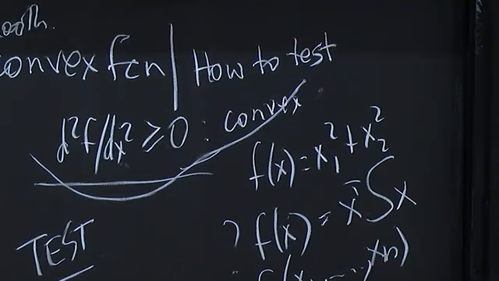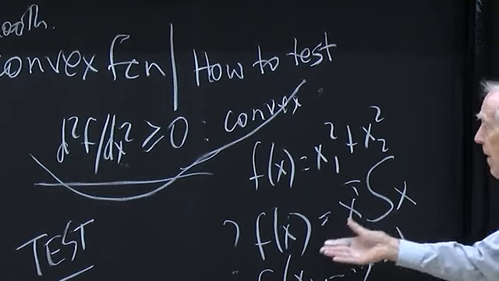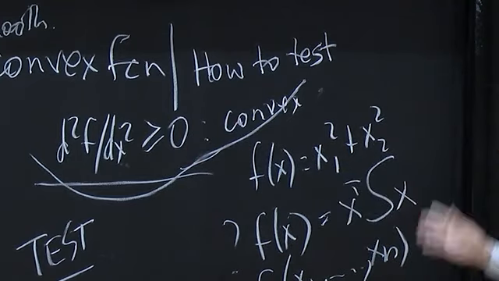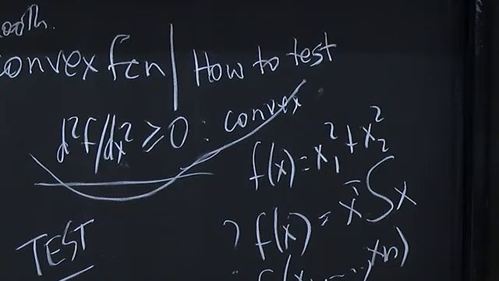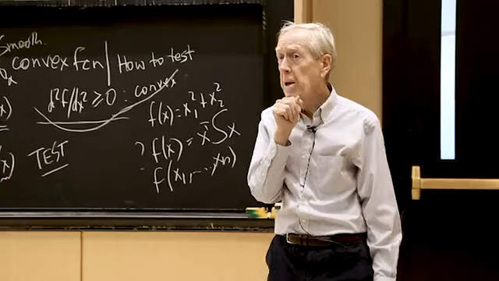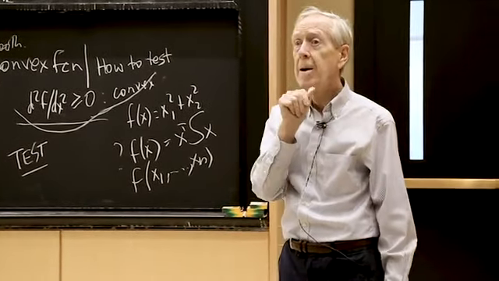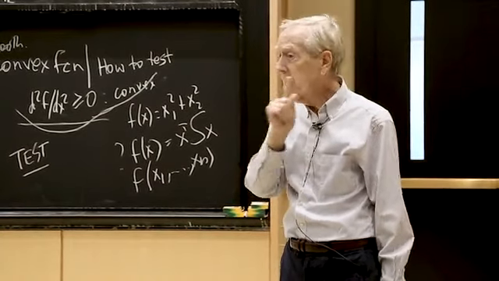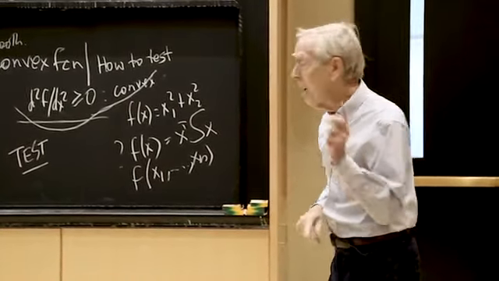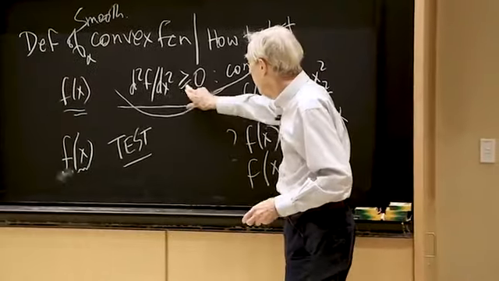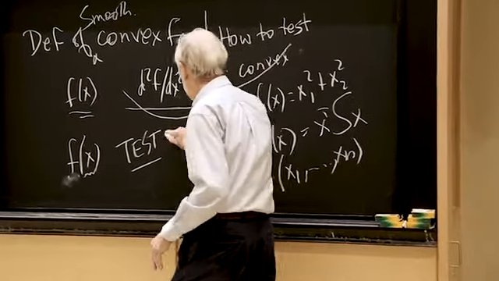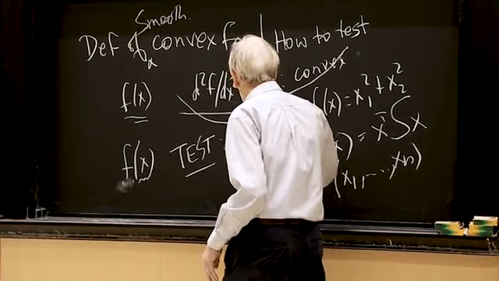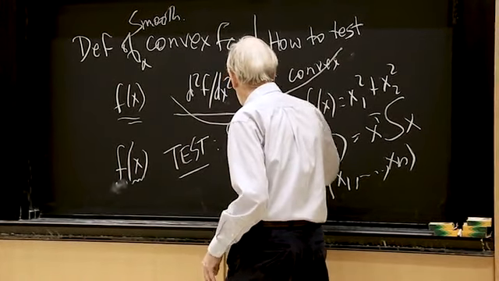What's the test here? Here I have a matrix instead of a number. So what's the requirement going to be? Positive definite, or semi-definite, just as here. So the test is positive semi-definite Hessian.